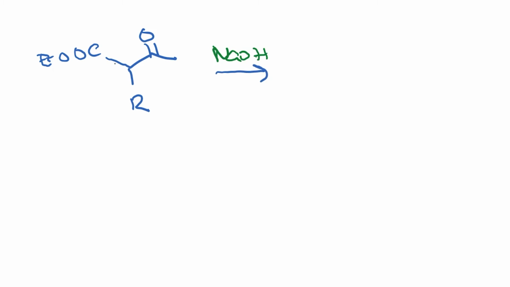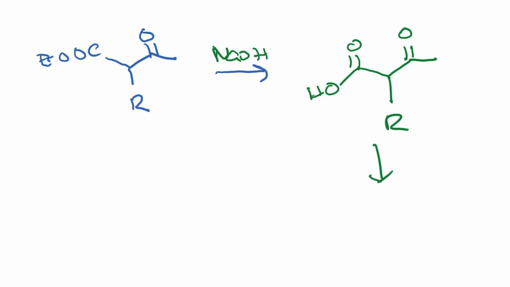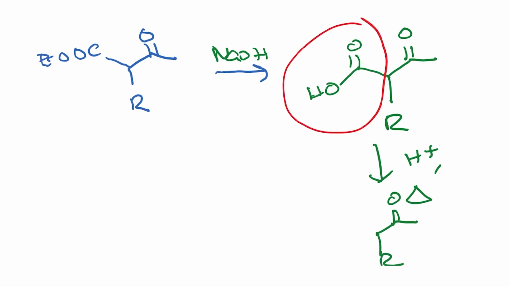But what you do is you hydrolyze off the ethyl ester, and you end up with this carboxylic acid. Okay, so here's your main intermediate. And now when you add H plus and you heat, there's a decarboxylation reaction that can occur, which basically cleaves off this carboxylic acid, and it gives you CO2.